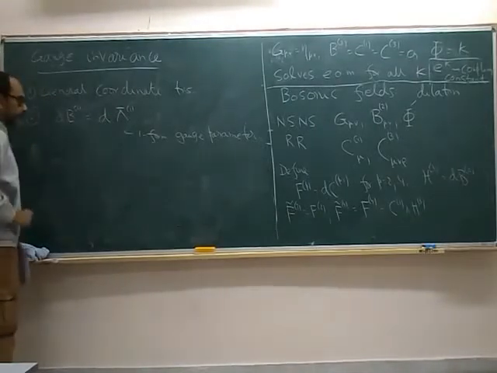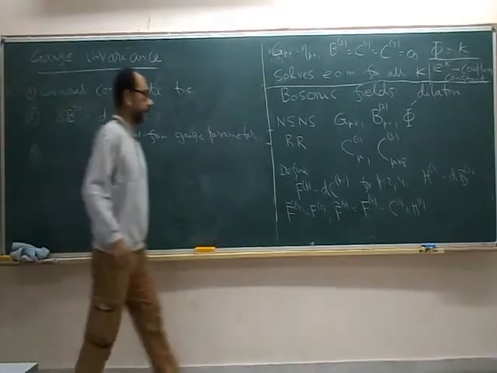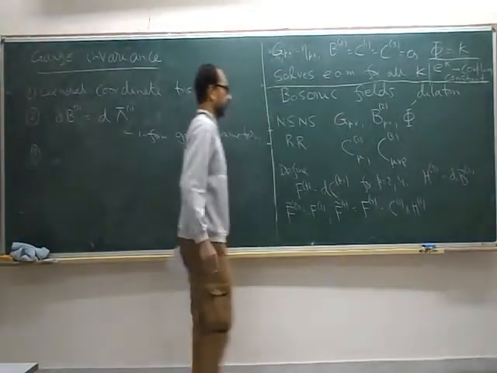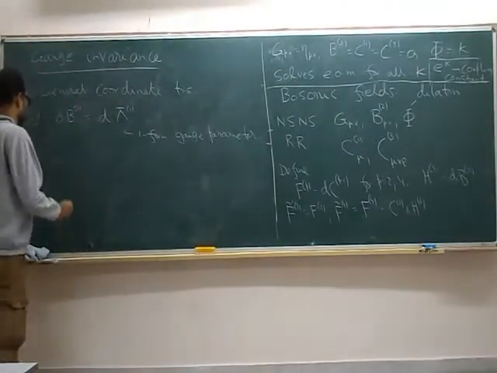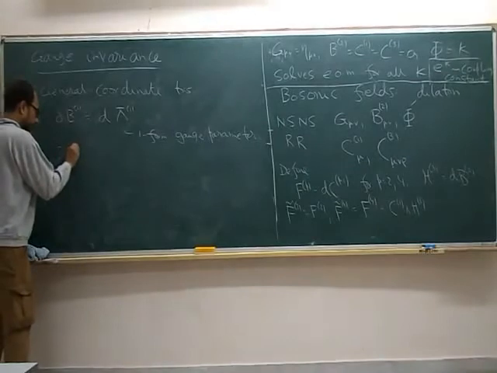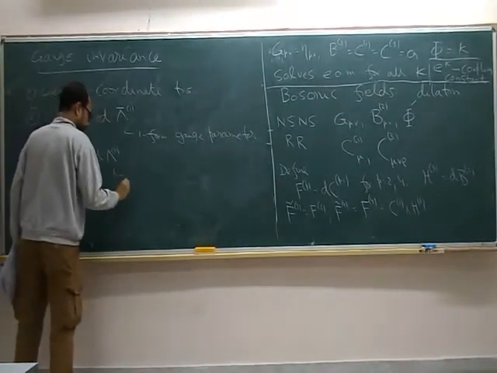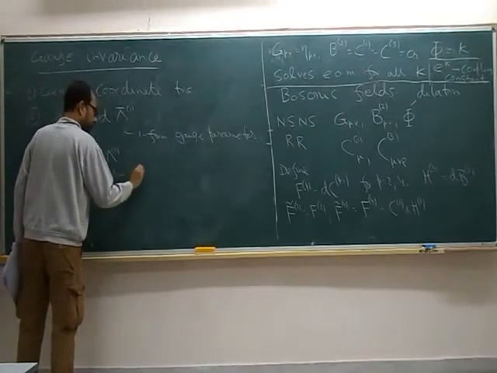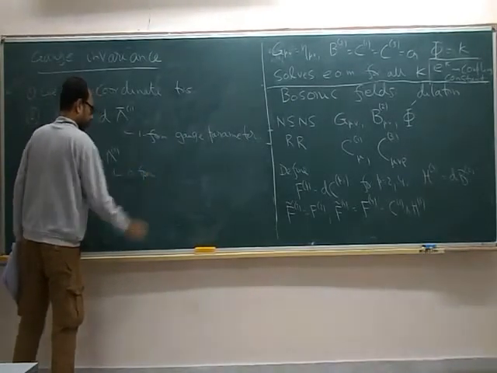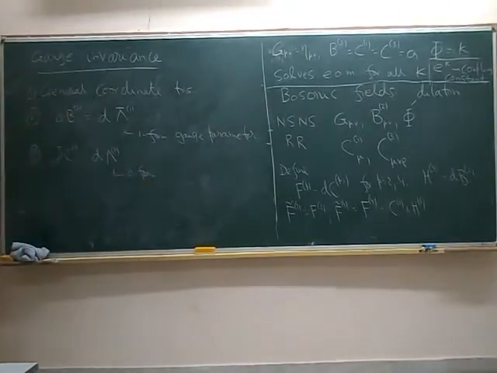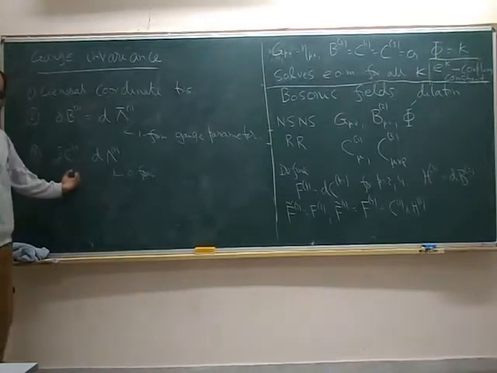Then you have the gauge invariance of this: delta C1 equals d lambda 0. This is a 0-form, which means this is a scalar function. This is almost an invariance, but not quite.